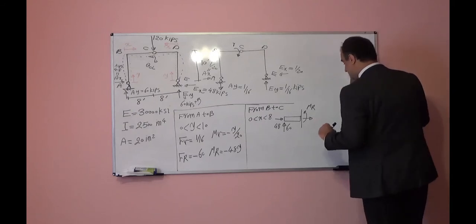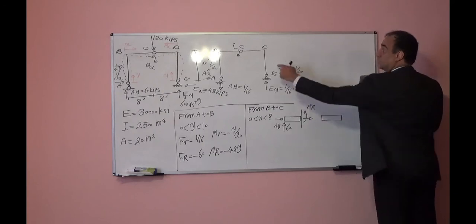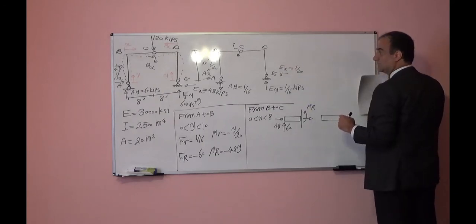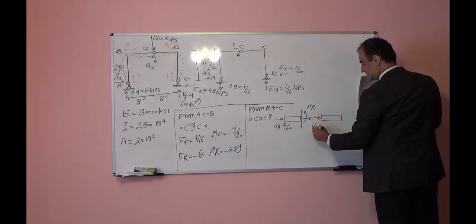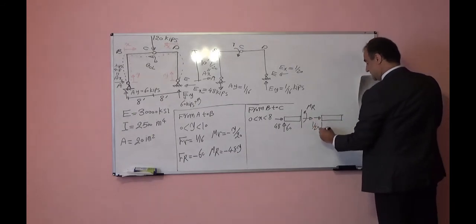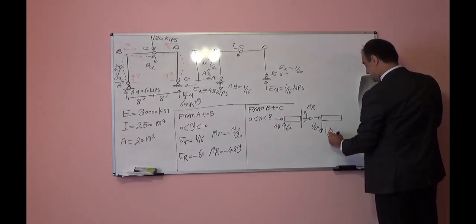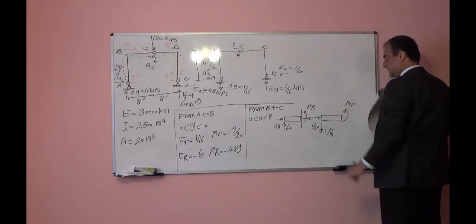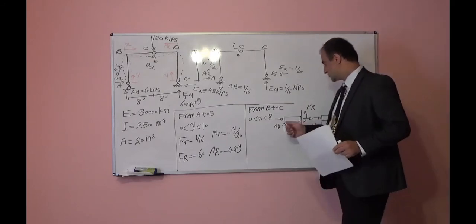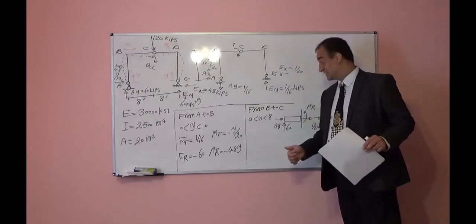And if we look at the free body diagram, under virtual load we will have 1/20 axial. This will be 1/16. So this will be MV. Again, axial force under real is 48 negative because it is compression.